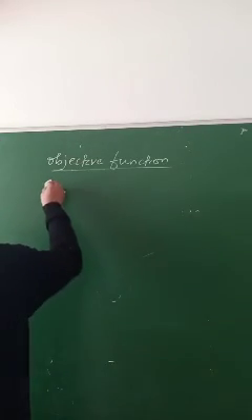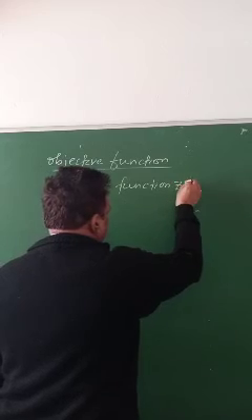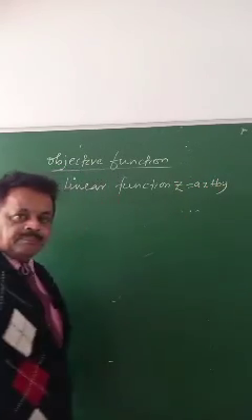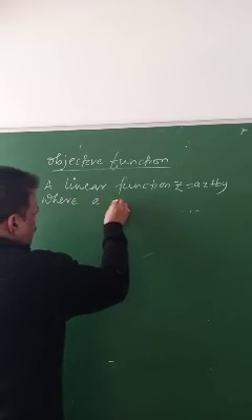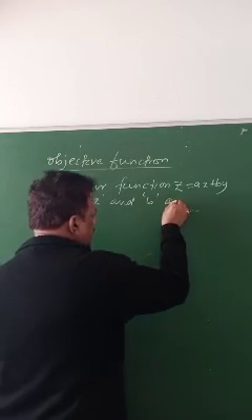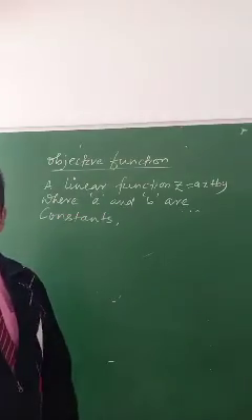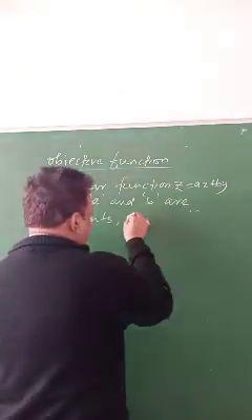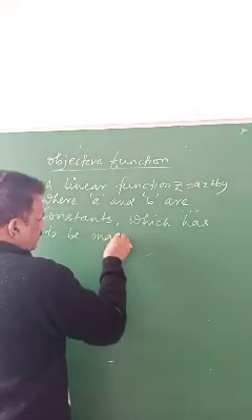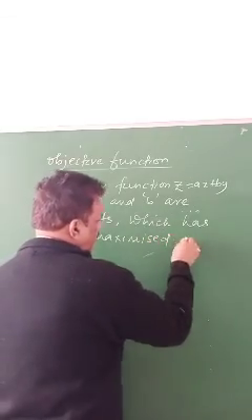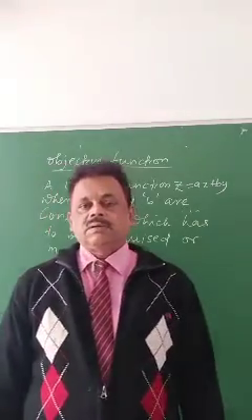A linear function z equals ax plus by, where a and b are constants, which has to be maximized or minimized. This is called the objective function.